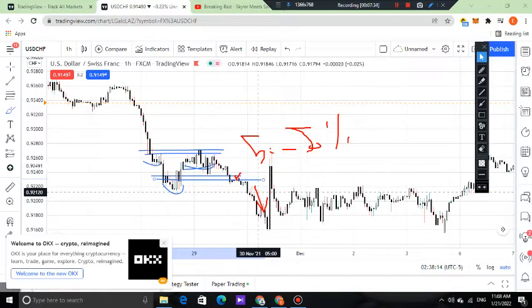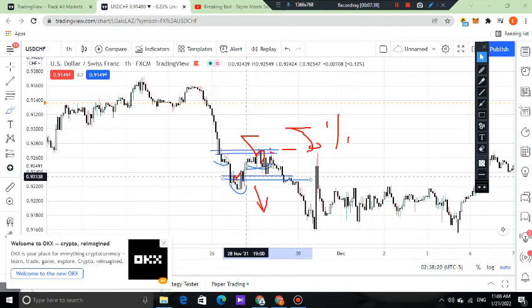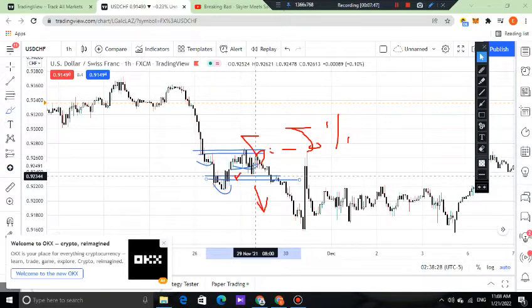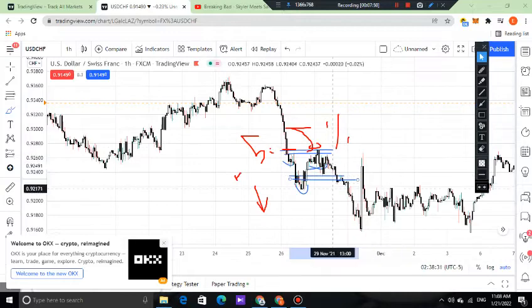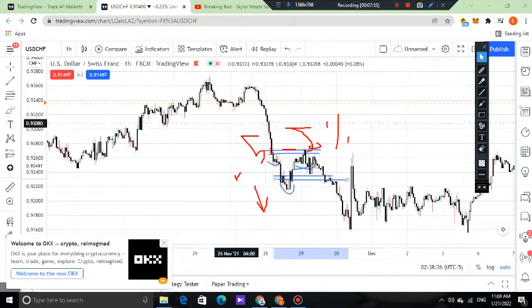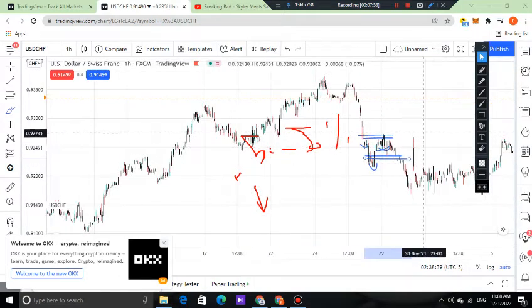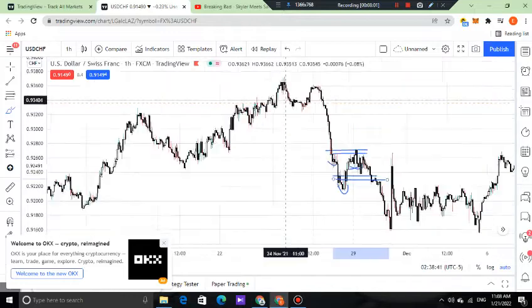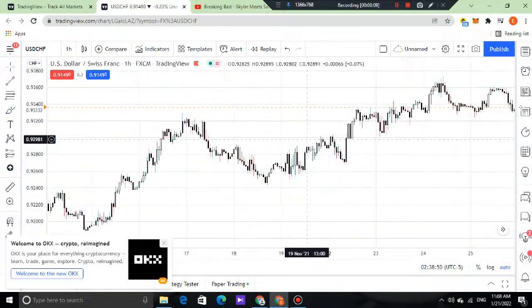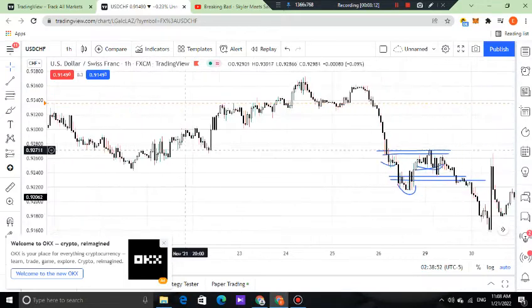Also the bears didn't consider this price a fair price to take profit. They wanted to, they took profit, but they decided to go further and go lower. So it's a failed pattern. I will show you other examples of these failed patterns.